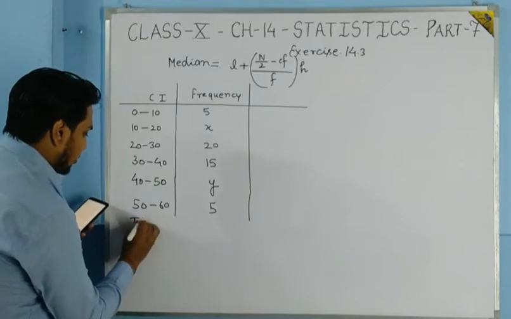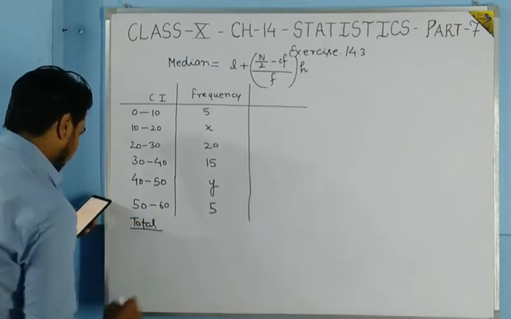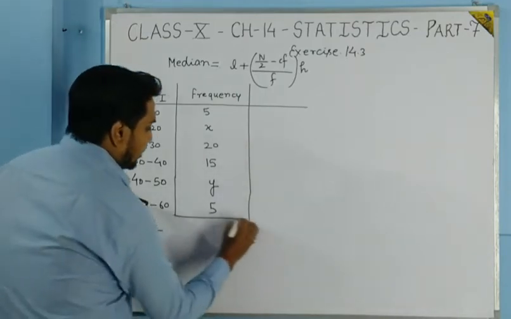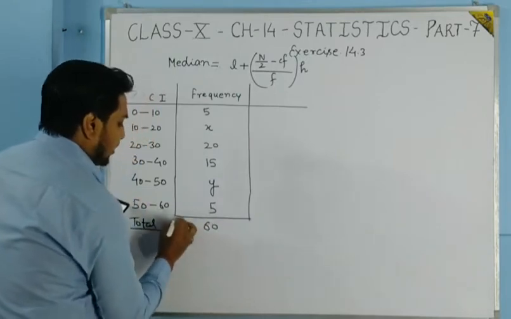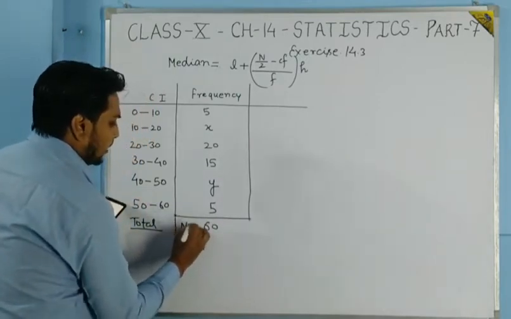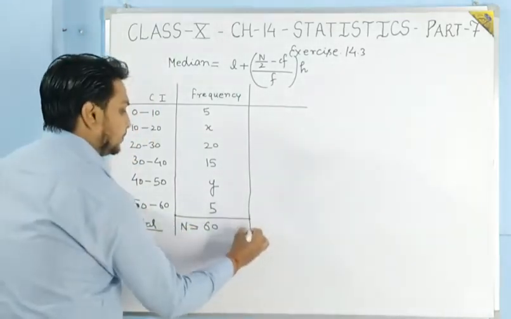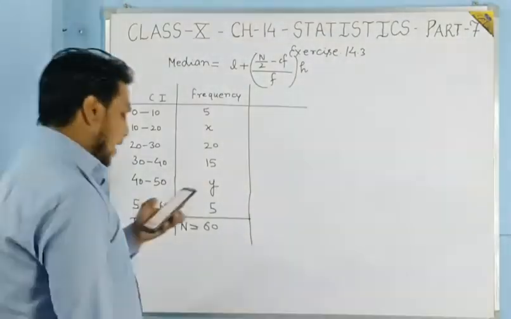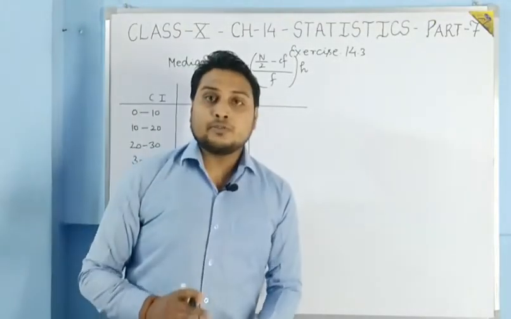It is also written that the total is 60. The sum of frequency, or n, is 60. So we have to find the values of x and y.